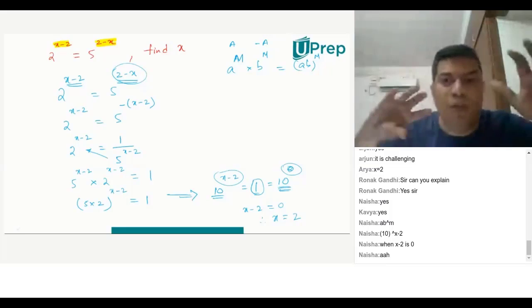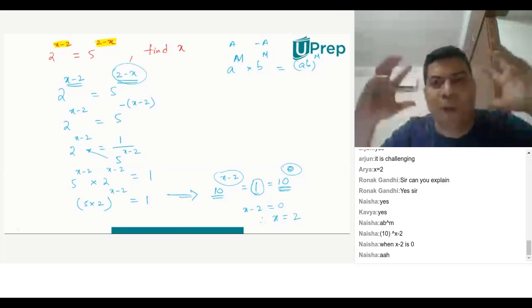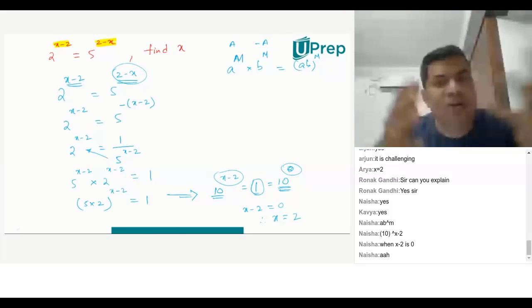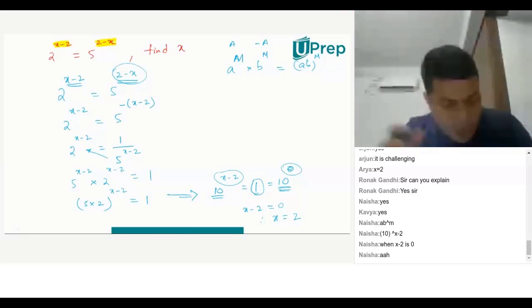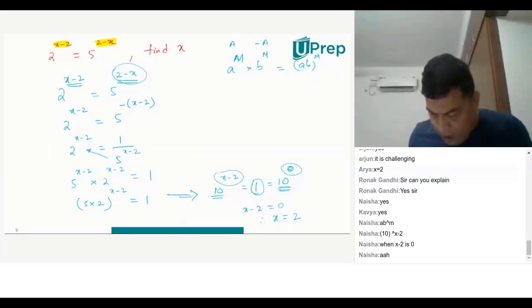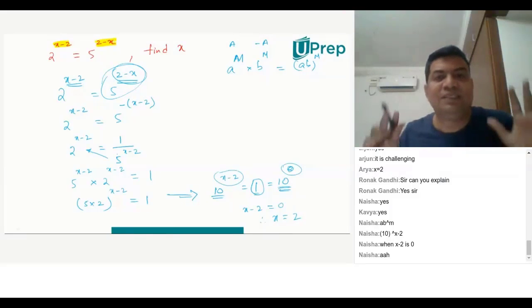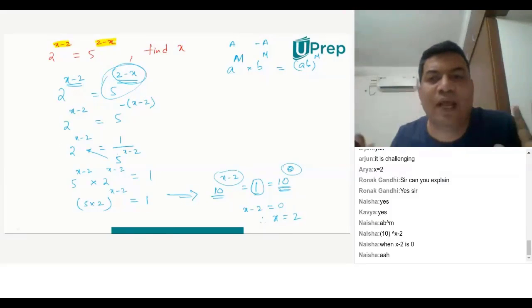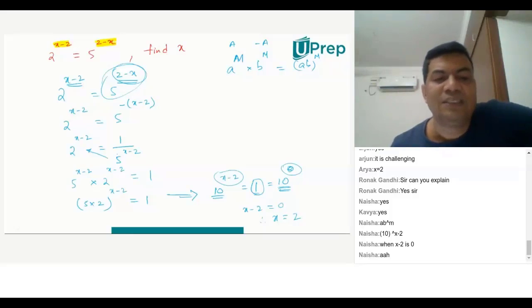A power m into b power m is ab whole power m. I have learned those. For 5 power 2 minus x, how can I make it look? I can only make it look like this. From here, I can make it look like this. I am just going ahead and applying those fundamentals of exponents and powers and simplifying it.